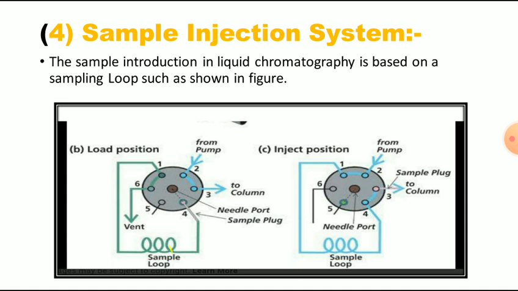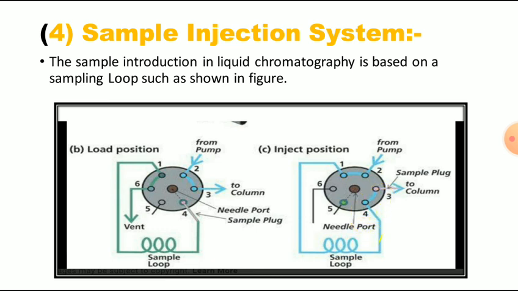When we load this sample into this sampling loop, then the second part will be the injection of the sample into the column. So see in this figure, injection position, in this figure 1 and 2 will be connected and 3 and 4 will be connected.